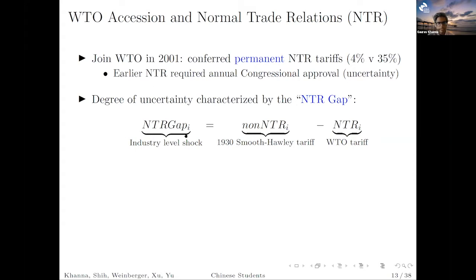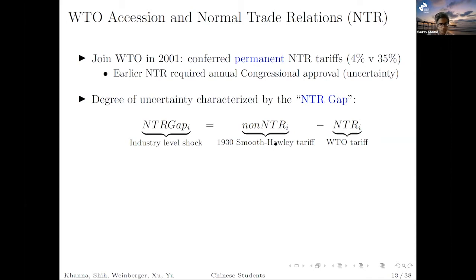So at the industry level, you can then create what we call this NTR gap, right? So the gap between what the prevailing non-NTR tariffs were, and the NTR tariffs, the normal trade relation tariffs that are now applicable to you once you join the WTO, right?